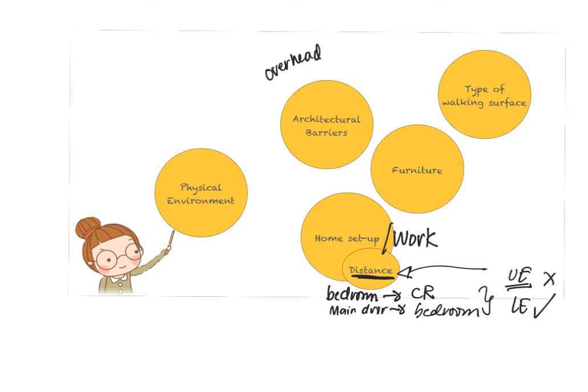But you're not only limited to asking presence of overhead cabinets at home, ha? So, you also need to think of other architectural barriers that you think are important na mag-gather mo, okay, for your patient.